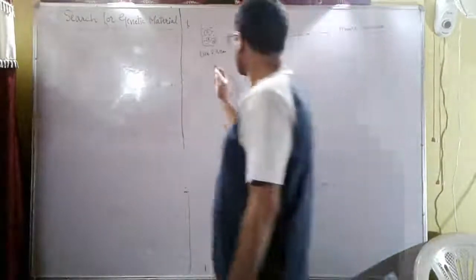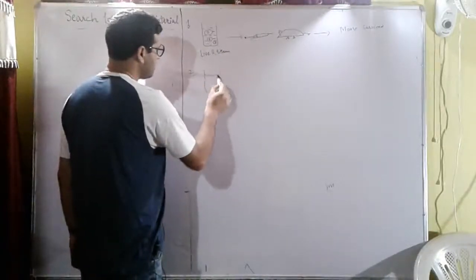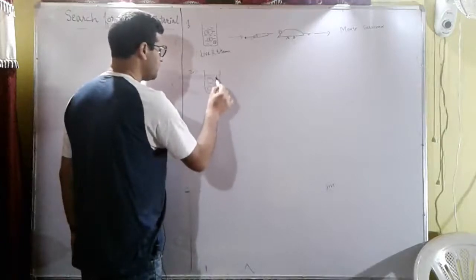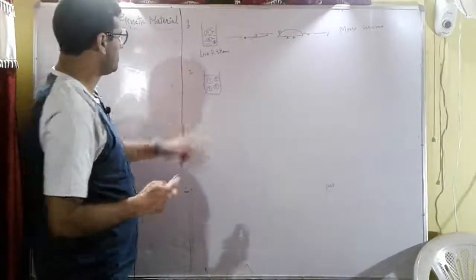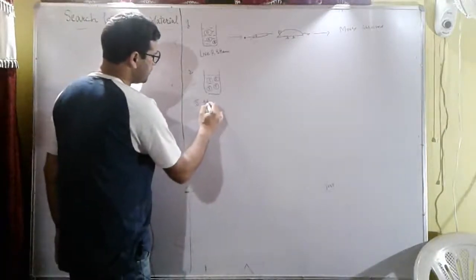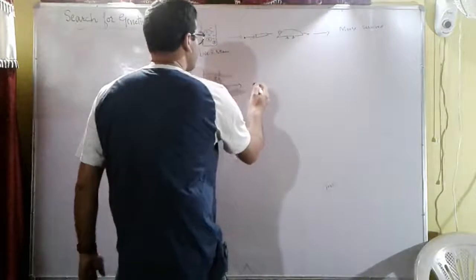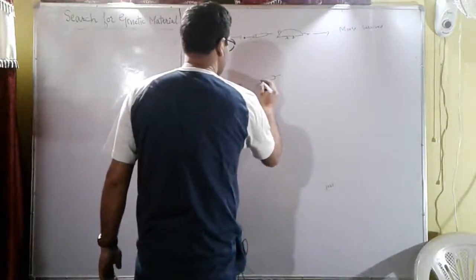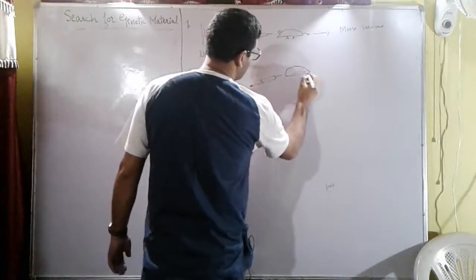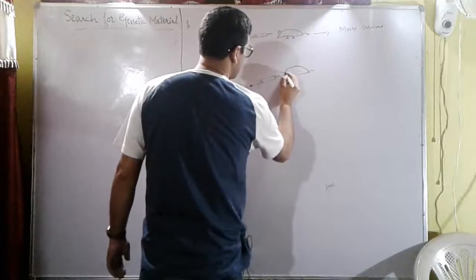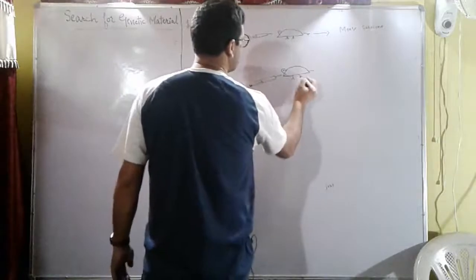Then another step: he injected S type of bacterium, that means a smooth type of bacterium, the S strain, which is virulent, into the mouse.